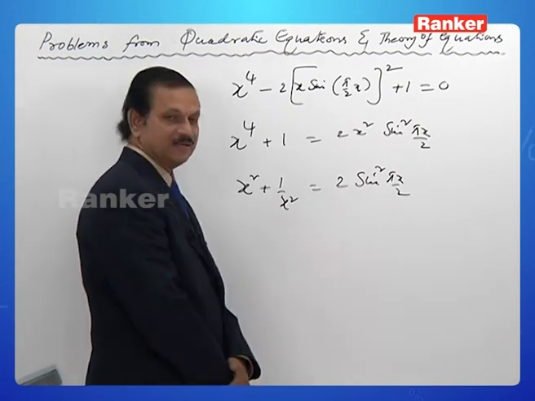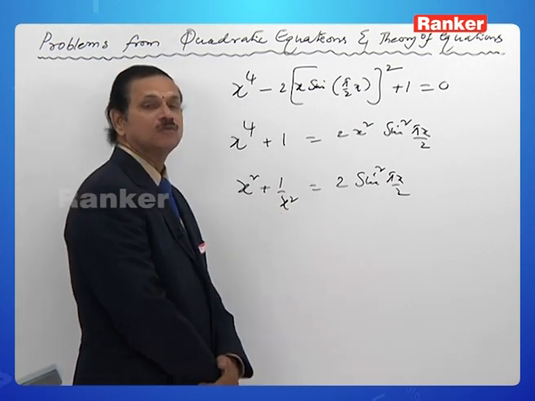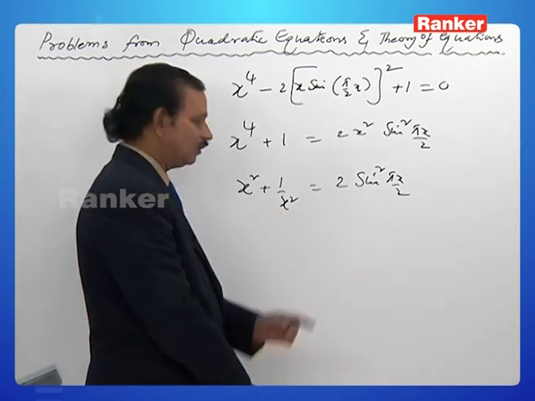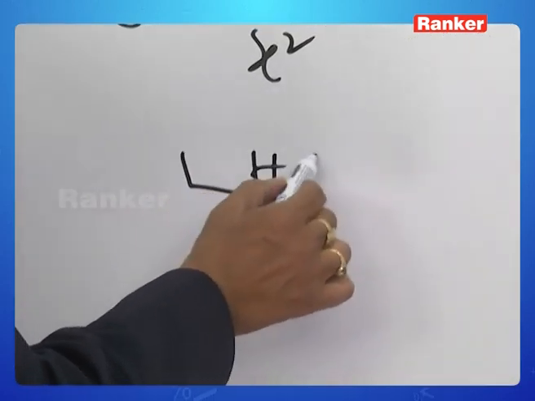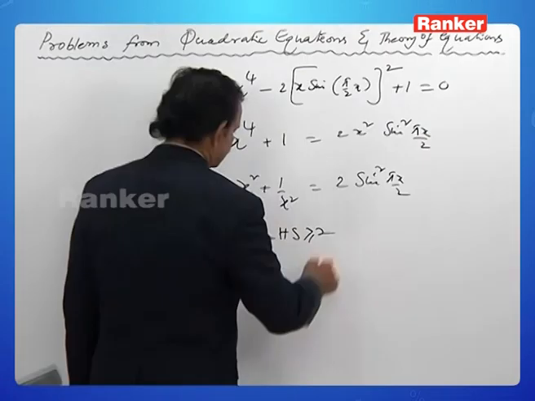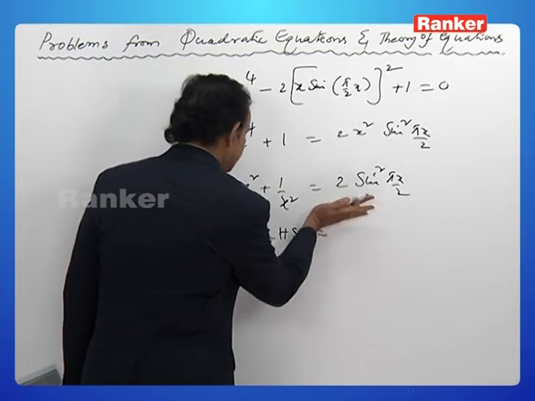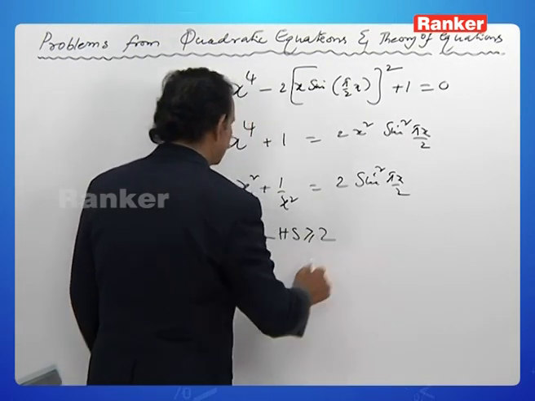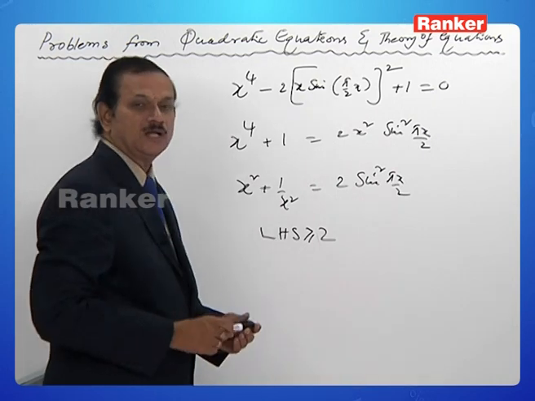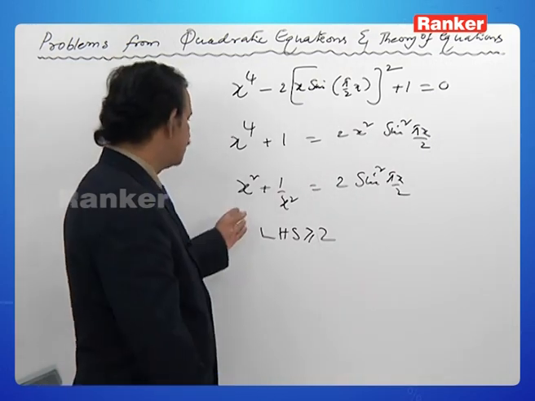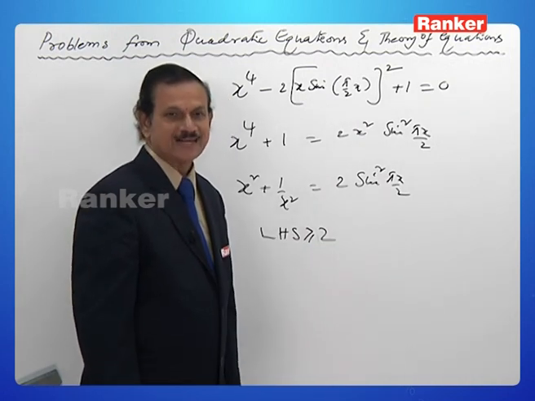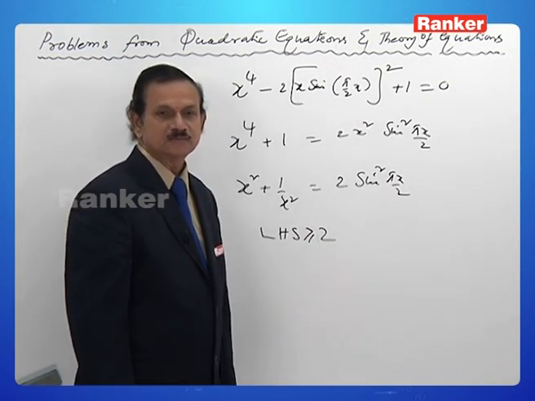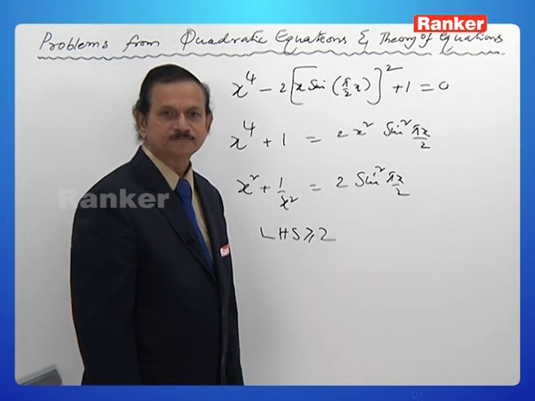As x square is positive, this lies between 2 and infinity. Therefore, LHS is greater than or equal to 2 always. From the earlier ranges of functions, we can easily notice that x square plus 1 by x square is greater than or equal to 2. In fact, the range is the closed interval 2 to infinity.